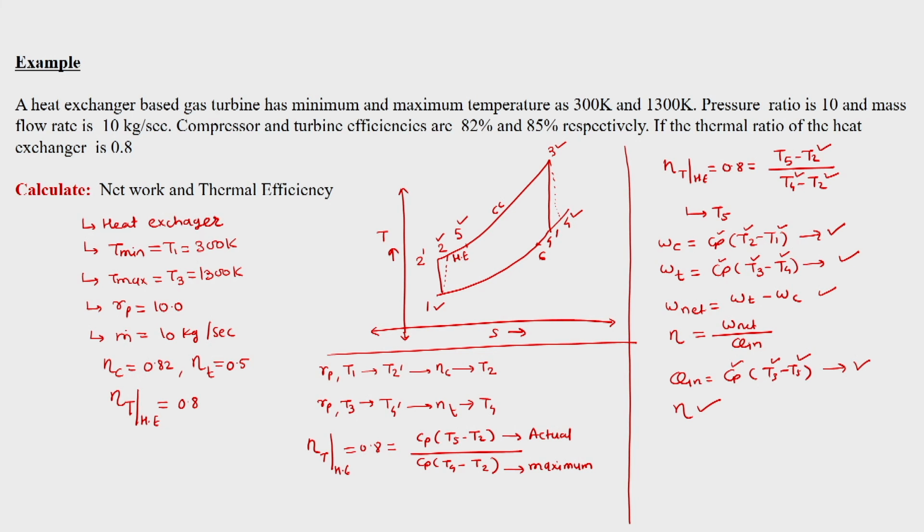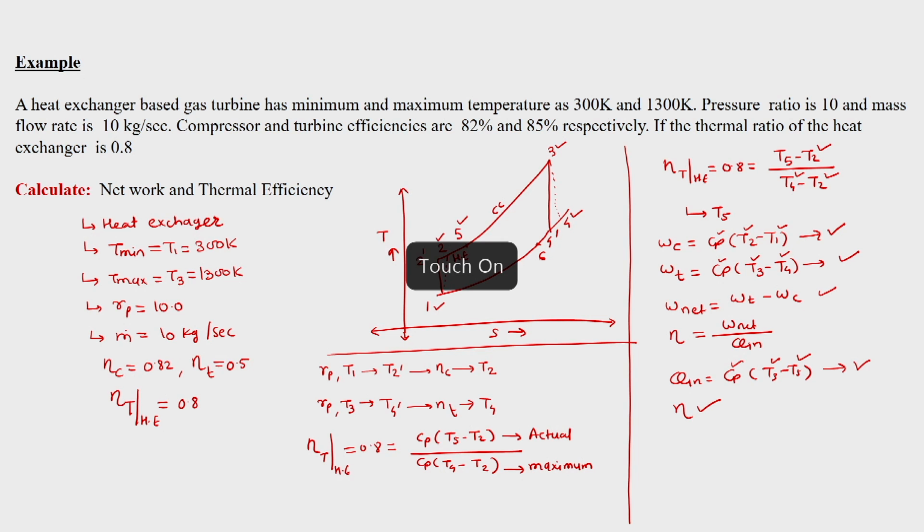Then in case of a gas turbine based power plant with heat exchanger plus intercooler plus reheater, we would obviously have efficiencies of multiple compressors which might be different, and multiple turbines which might again be different. Such an example leads to additional complexity, since we have 2 turbines with 2 efficiencies and 2 compressors with 2 efficiencies. But the problems are simple from the perspective that we have now established the procedure for how to solve the example.